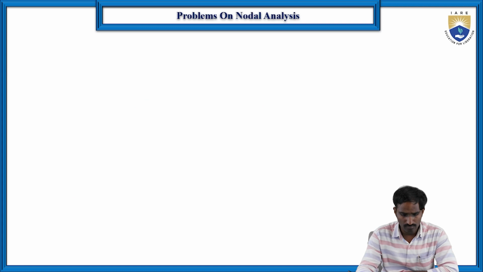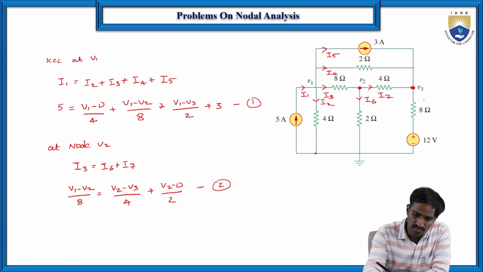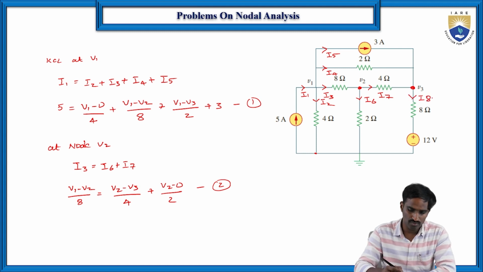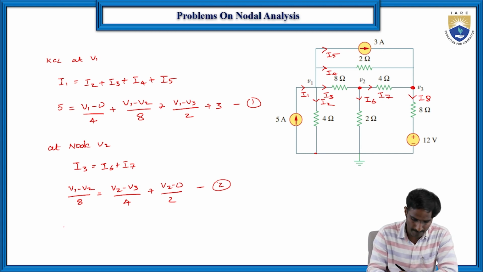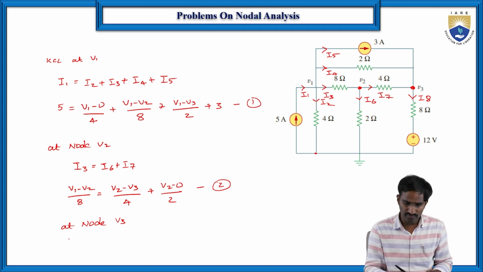Okay, now with node 3, let us consider here this is the current I8. Then at node V3, if you write the equation, so here I7 is the entering current, and the other entering currents are I4 and I5, which is equal to I8.